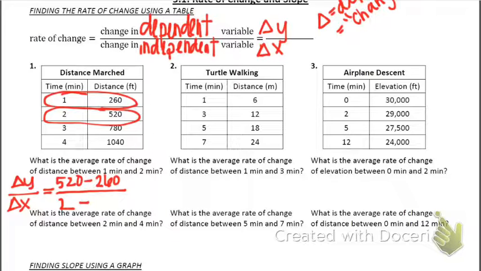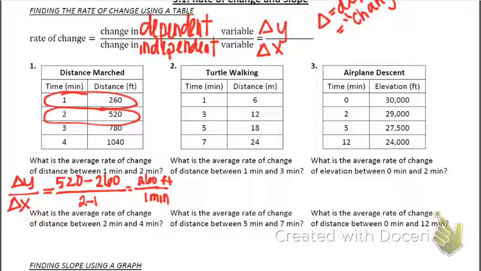So over 2 minus 1 equals, this is how I want you to show your work. 520 over 260, what's that give me? 260 feet. And 2 minus 1 is 1 minute. So the average rate of change is 260 feet per minute. Easy? Okay.